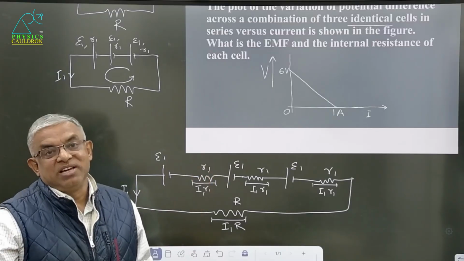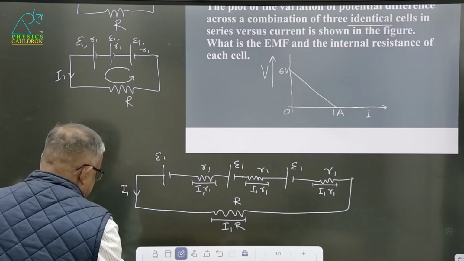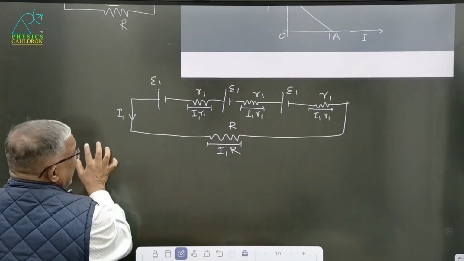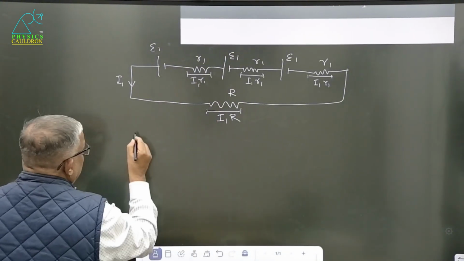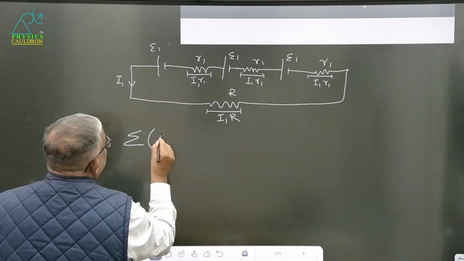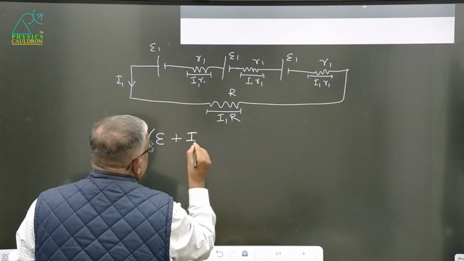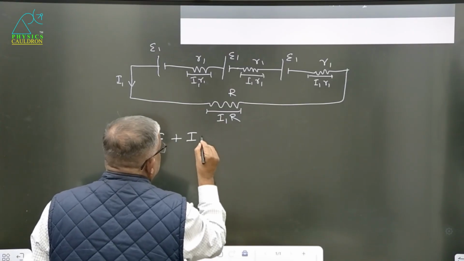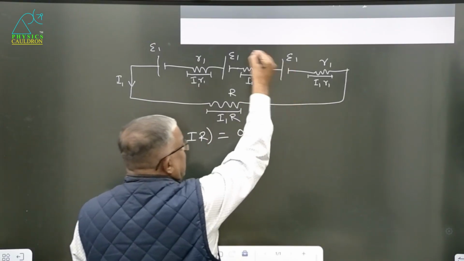Now what does Kirchhoff's voltage law say? Kirchhoff's voltage law says that the algebraic sum of all the EMFs and the potential drops must be 0 when we complete the loop.